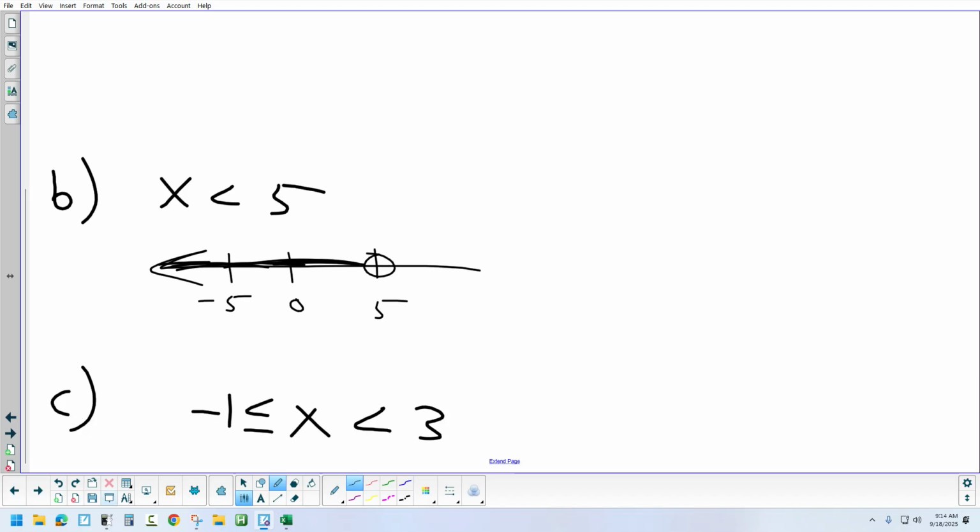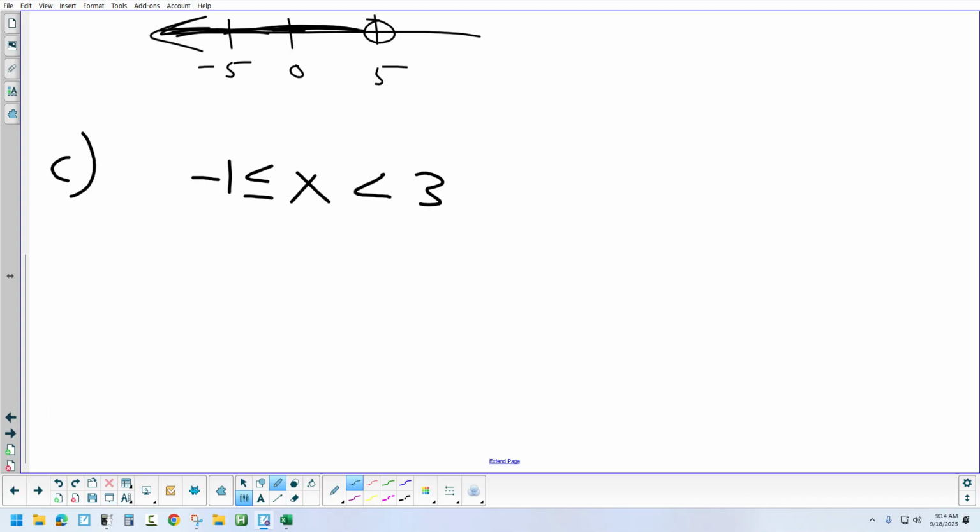And how about this one? How would we graph that? Yeah, Raj? A closed circle on -1. Closed on -1.